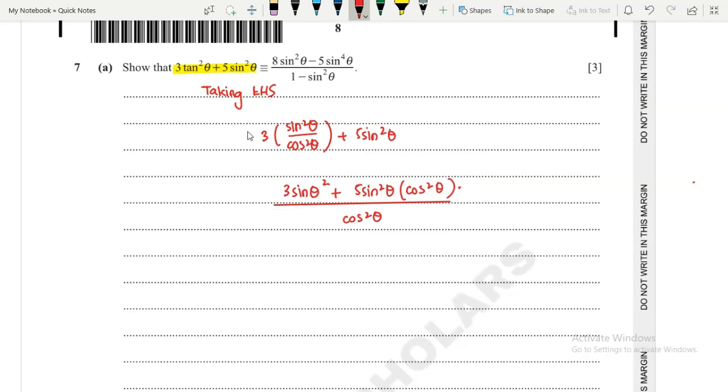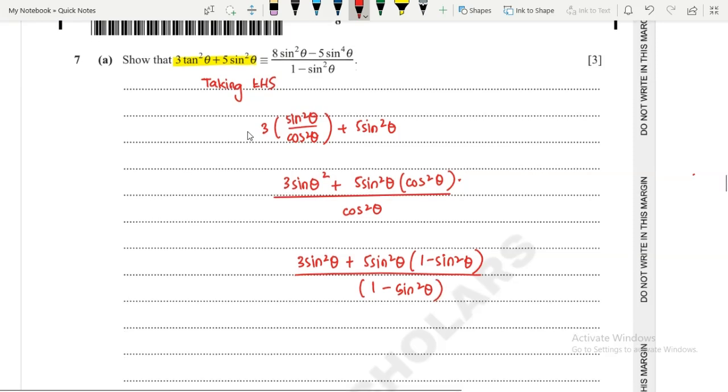So this becomes 3 sine square theta. Let's simplify the cos square theta to 1 minus sine square of theta, because you know that sine square theta plus cos square theta is equal to 1. You can just move the sine square theta to that side, so it is equal to cos square theta. Then we will also simplify the cos square theta in the denominator to 1 minus sine square of theta.